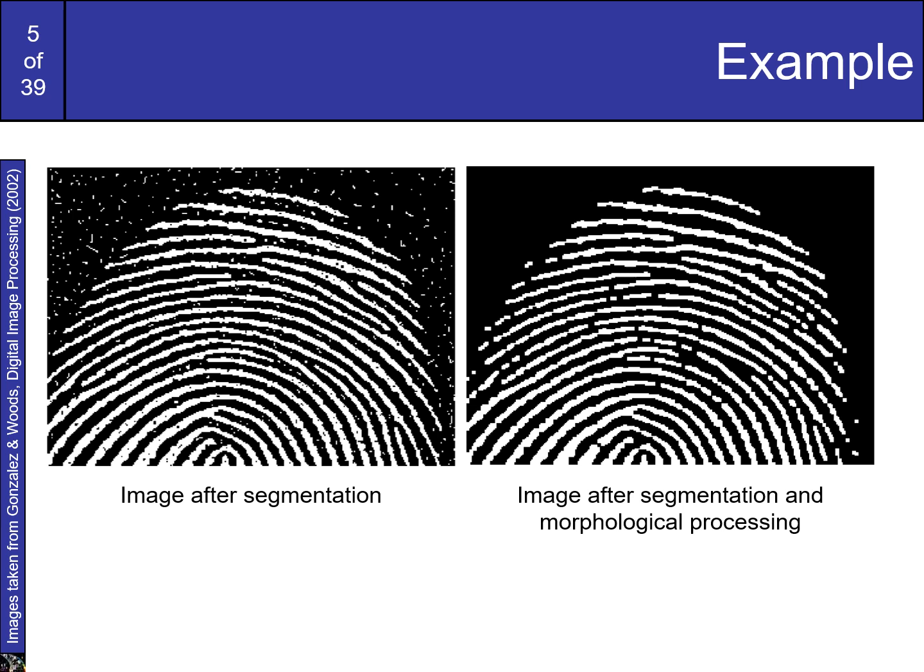These are some examples of thumbprints. On the left, the image after segmentation. You can see that there are white dots all over the image, and on the right, the image after segmentation and after morphological processing. We can see that the white dots have been removed.